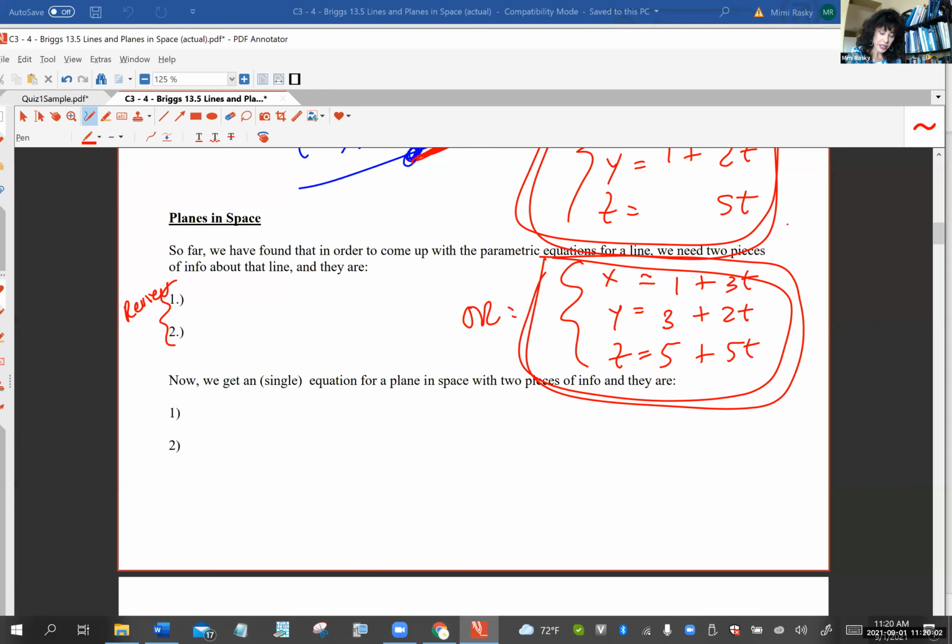What are the two pieces of information that you need for a line in order to come up with the parametric equations for the line? I just told you. What are they? Let's just write them down. Tell me in the chat.